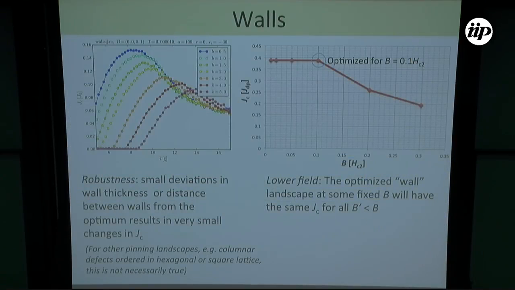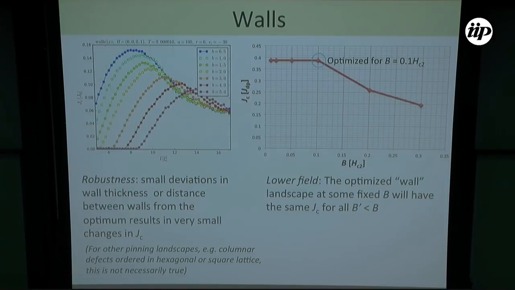A few words about this pattern. First of all, it's a coincidence, but it's very reliable to modifications. So for example, this is a sampling over the distance between these walls, and we see the flat critical current as a function of the distance.